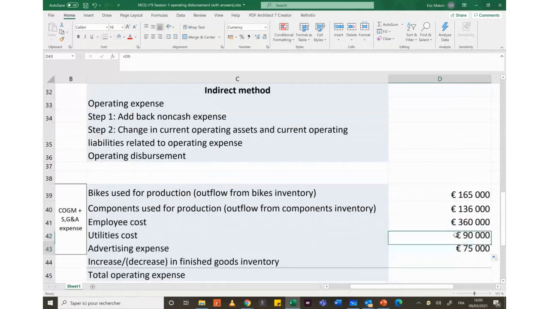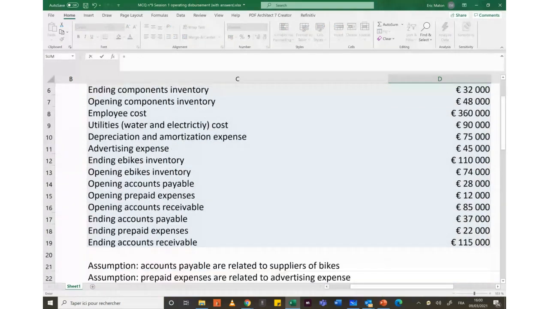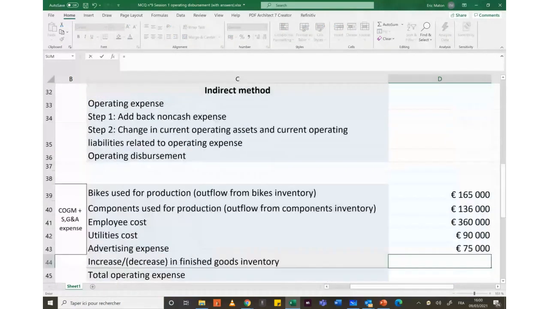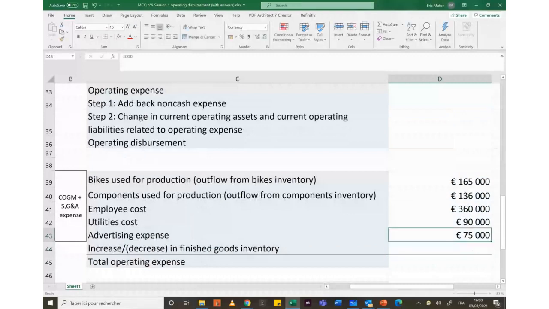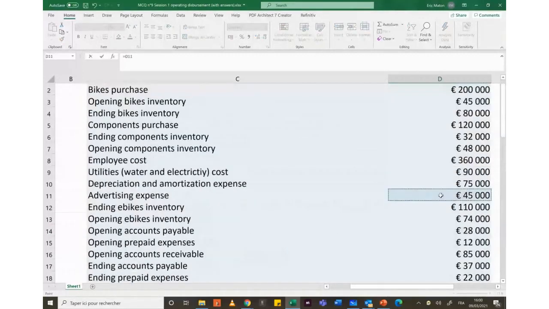And now the increase in finished good inventory. I know it's DNA below. So here is not the good one. I want the advertising expense. And I forgot the DNA. Sorry.